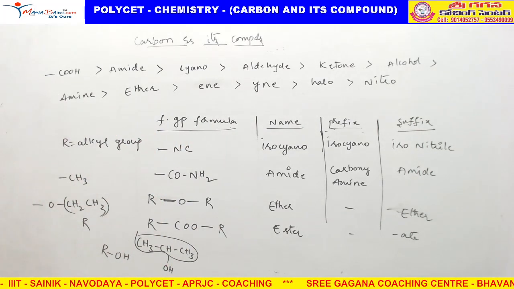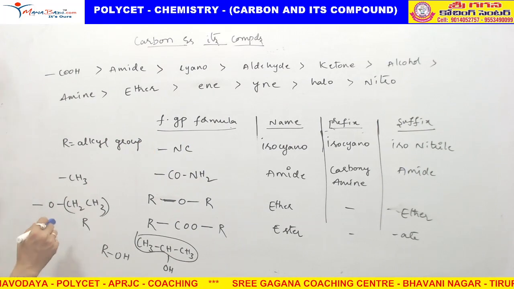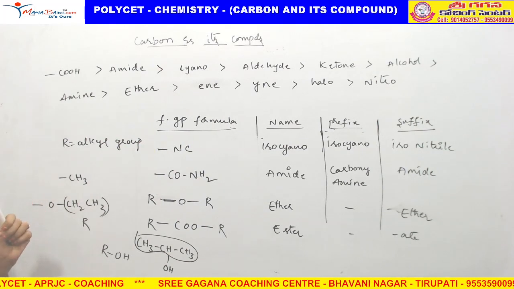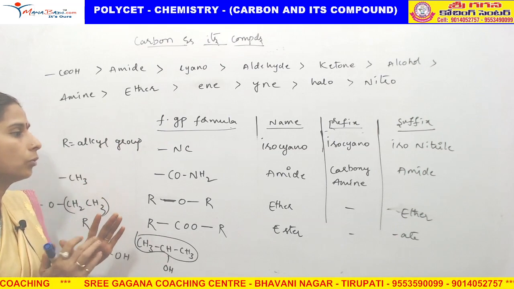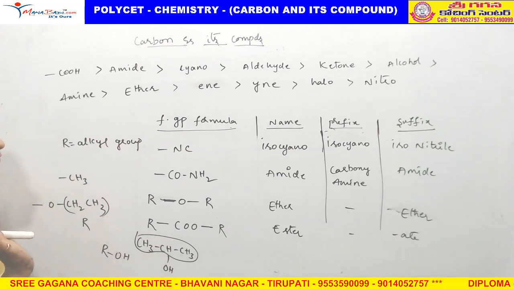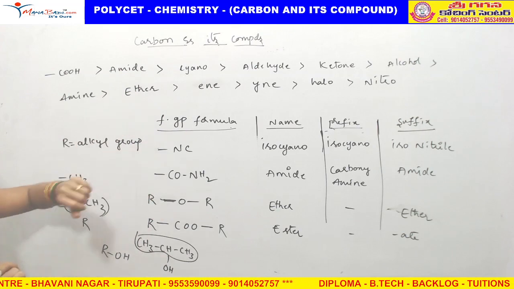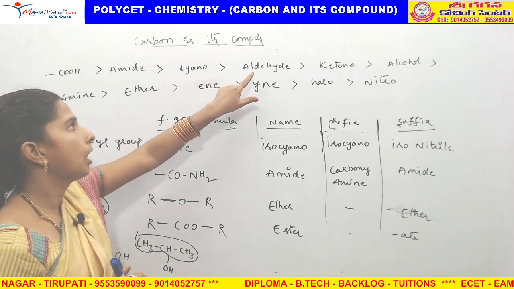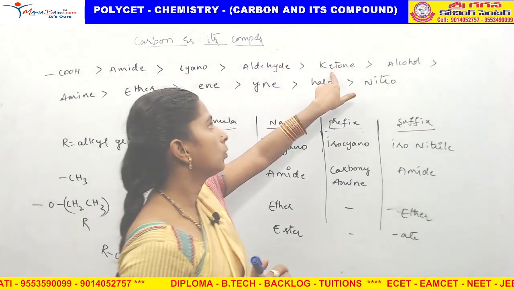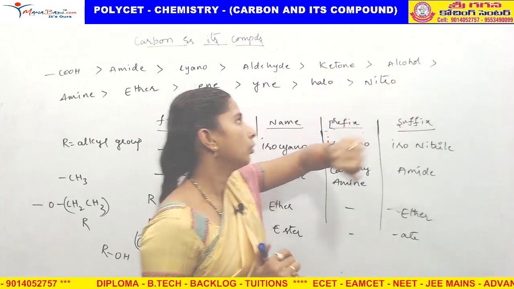Now coming to the functional group priority order, which has more priority among all these functional groups. Most preferable is carboxylic acid. After that amide, CONH2, cyano, CN group, aldehyde, CHO group, ketone, CO group, alcohol, OH group.